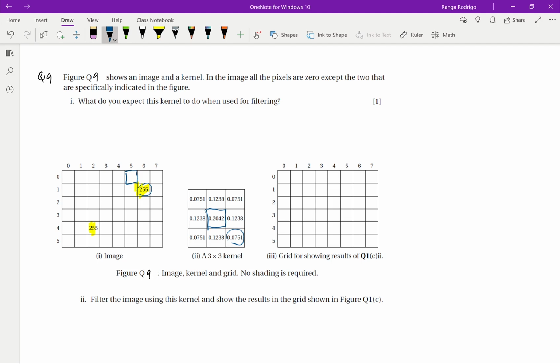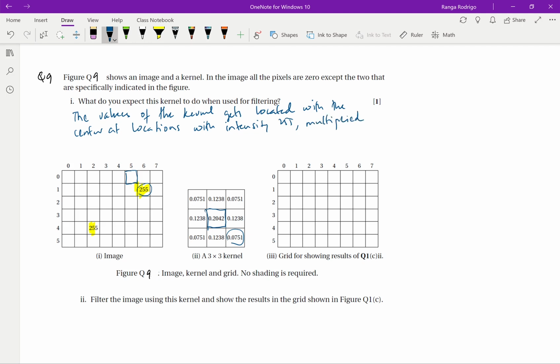So the values of the kernel get located with the center at locations with intensity 255, of course multiplied by 255. So just multiply and put.